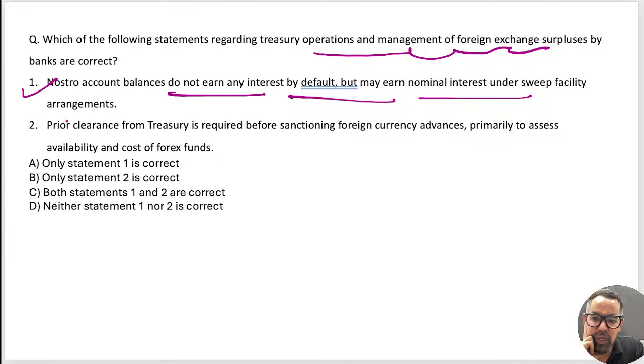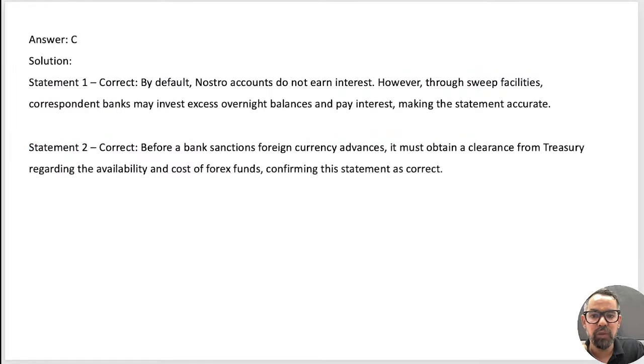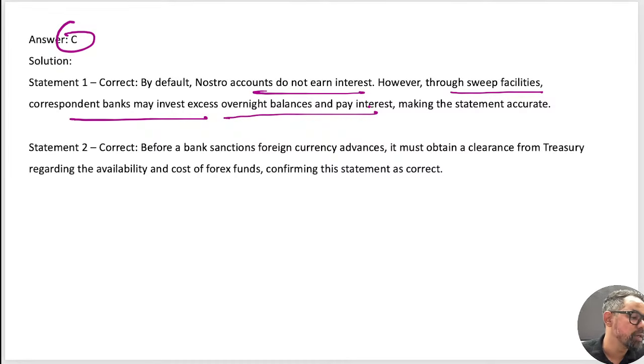Yes. The other one is that prior clearance from the treasury is required before sanctioning foreign currency advances, primarily to assess the availability and cost of forex funds. That is also true. So both are correct, which means option C is the right answer. By default, Nostro accounts do not earn interest, but sweep facilities with the correspondent bank generally generate some revenue for the bank itself. The other statement is also true here.